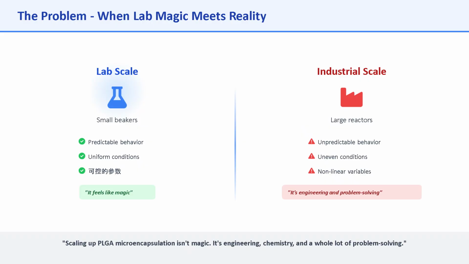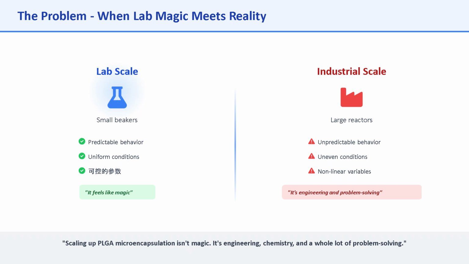In the lab, PLGA microencapsulation feels almost magical. You work with small beakers, predictable conditions, and nicely controlled parameters. Everything behaves the way your protocol says it should. But when you step into industrial scale, that magic disappears fast.